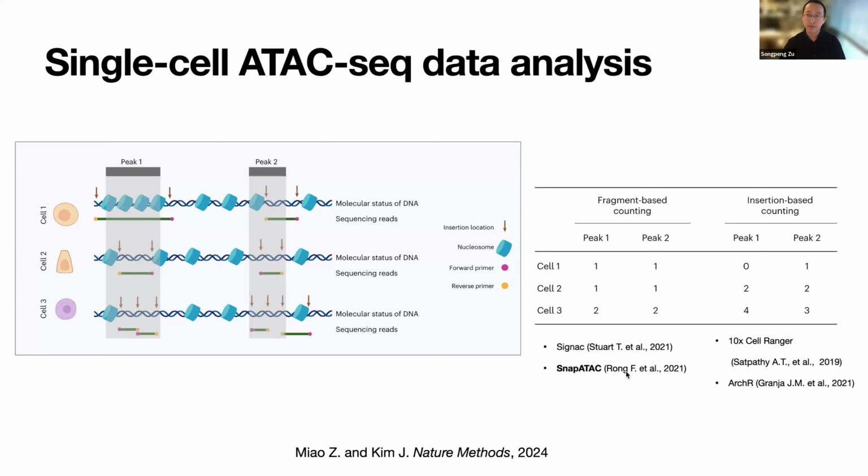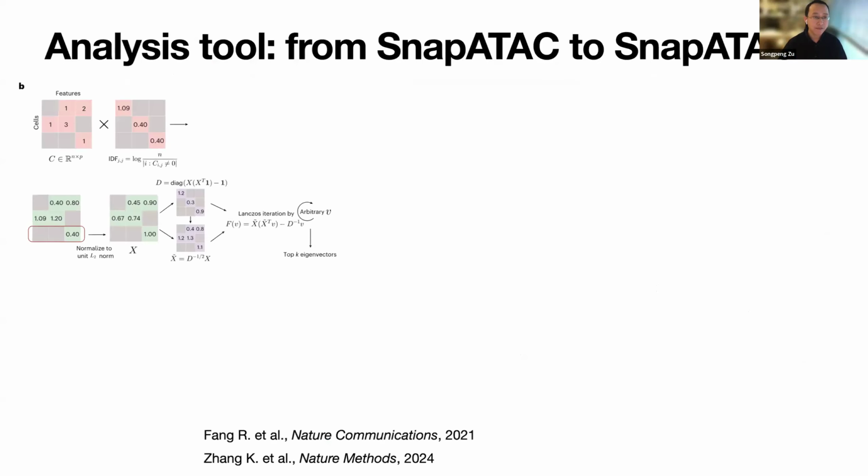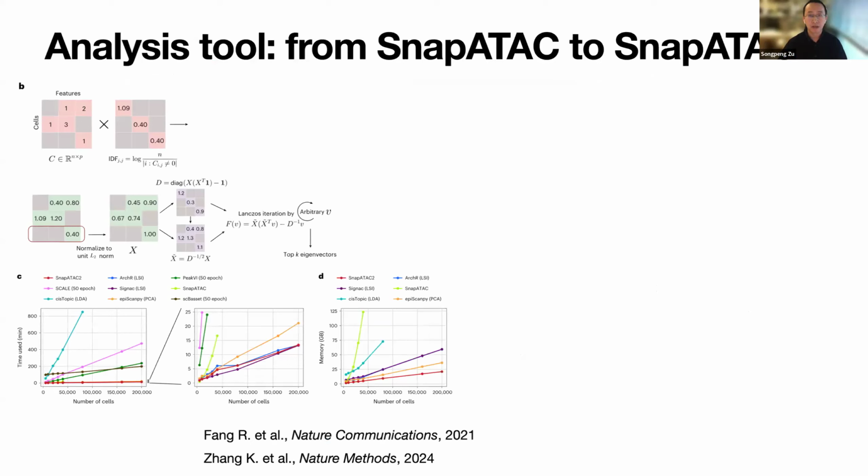Here are the corresponding methods using the different procedures described. SnapATAC was designed in our team by Rongxin, and our previous study used SnapATAC. And recently, Kai from our lab developed another version, SnapATAC2.